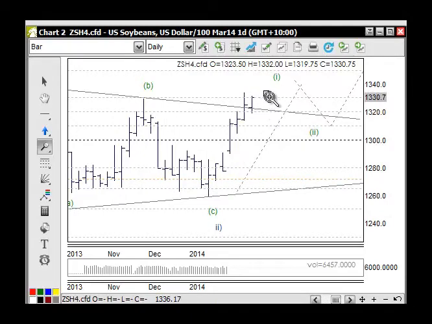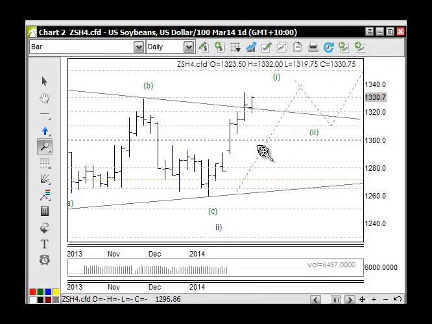So we want to see, in ratio and proportions and the right look and feel and perspective, that if we've got 7 here, we want to see 3 or 4 days of correction before we get further upside. The bigger the correction, the better the next trend to the upside.